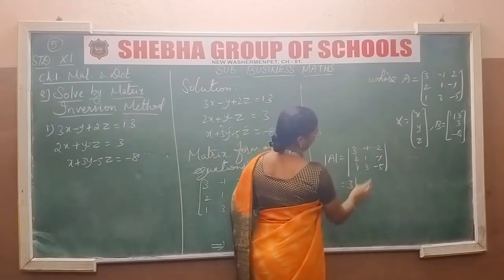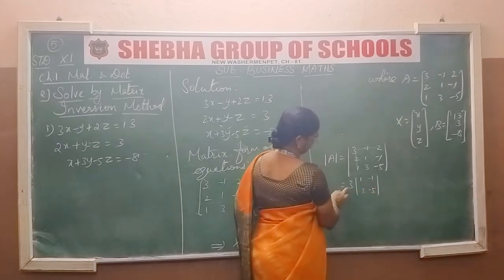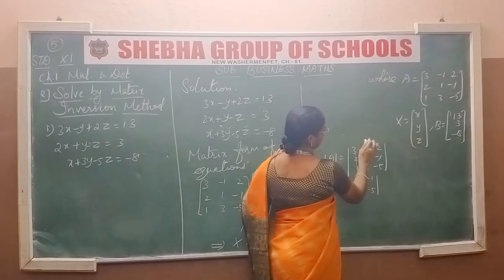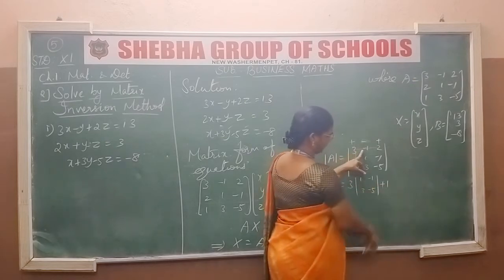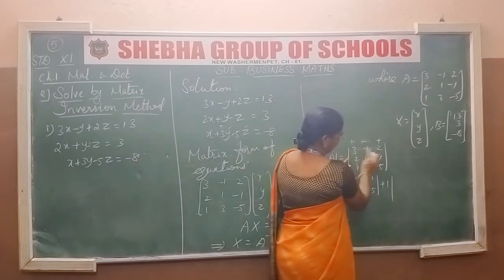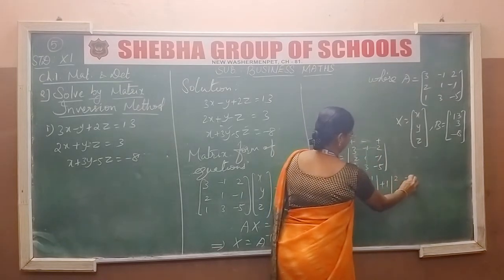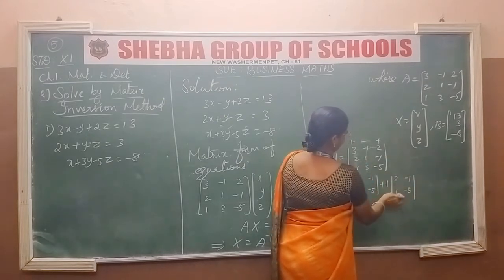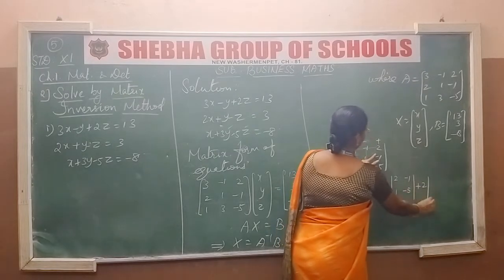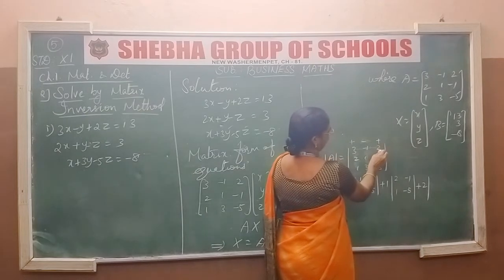leaving these two row and column and writing the minus, this is our minor of 3. Next, the signs are plus minus plus. Next minus will come; already one minus is there, so it will become plus 1, into the second order minor. Leaving this row and this column you get 1 minus 1, 1 minus 5, 2 minus 1, 1 minus 5, plus 2 into, this 2 is this element.